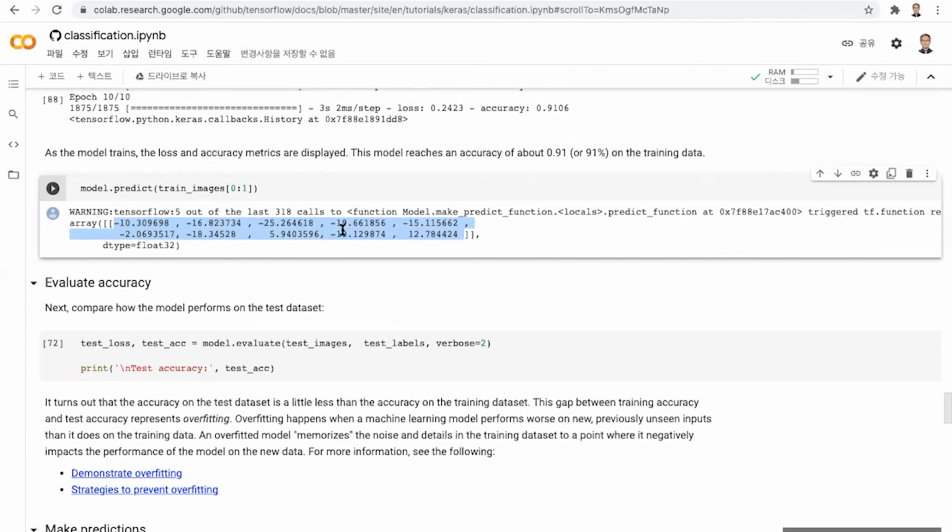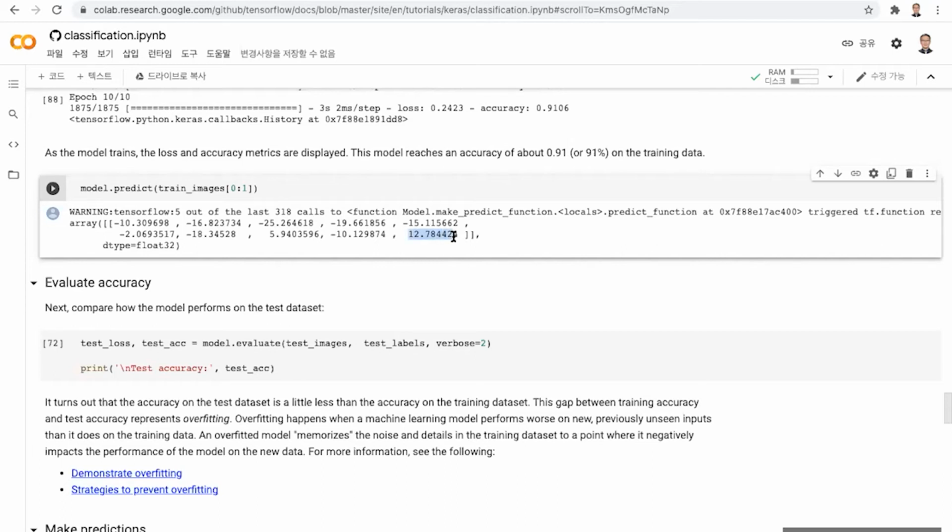I get that the last one is the biggest one. The big output number indicates that this is going to be the answer, and it says it's 12.